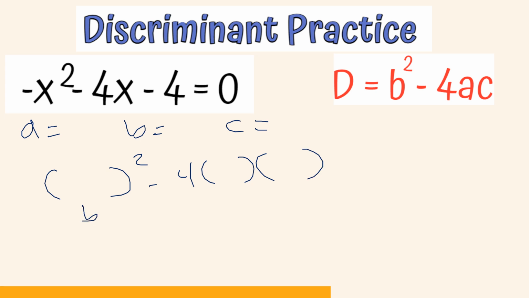Nothing wrong with labeling them underneath like you see me do here. So what's a? I don't see a number here. If you don't see a number, what's it understood to be? That's right, it's 1. So put in your a, b, and c, and if you want, pause the video and go ahead and try to complete it as much as you can.